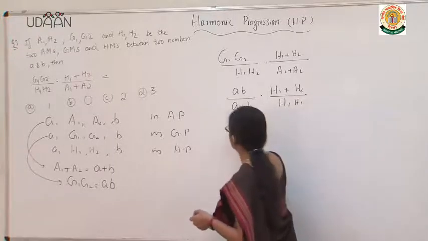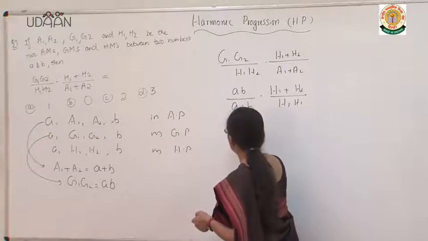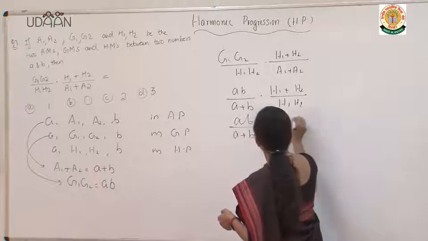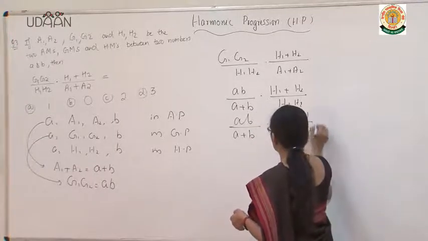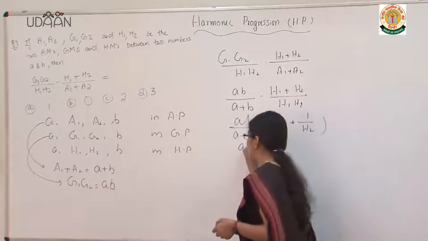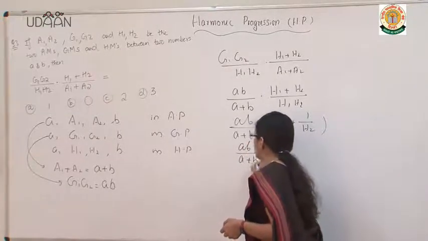I'm going to write it like this: AB by A plus B into 1 by H1 plus 1 by H2.